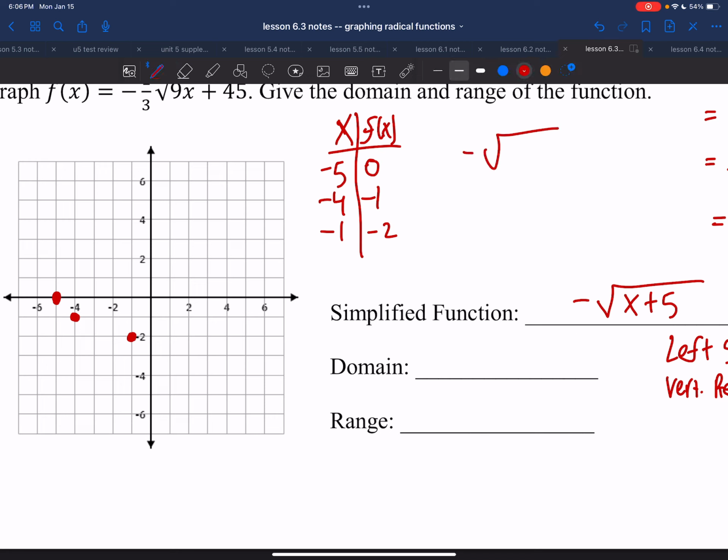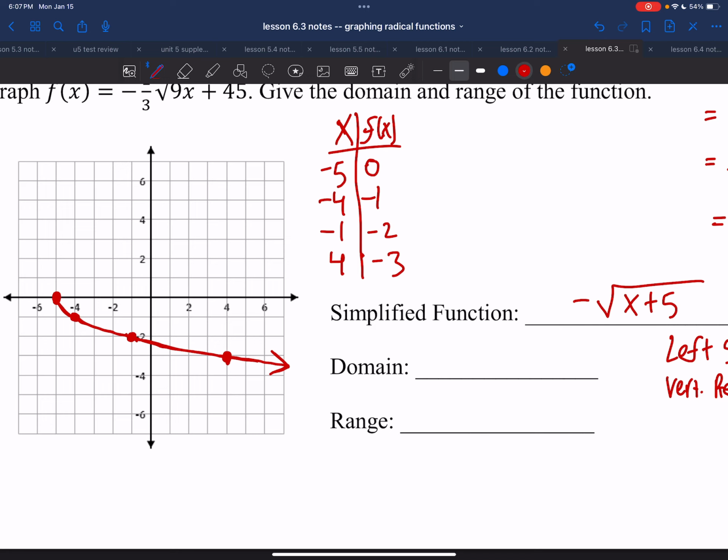If I plug in 4 for x, 4 plus 5 is 9, square root of 9 is 3. So taking in positive 4, I get out negative 3. 4, negative 3. And there you are. A nice upside down square root curve. Like so. Yay! Woohoo!